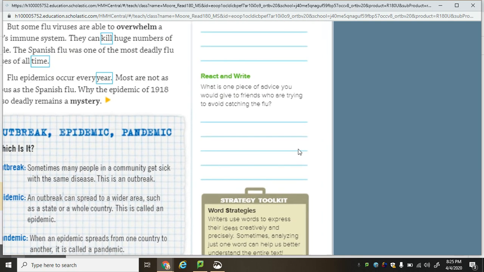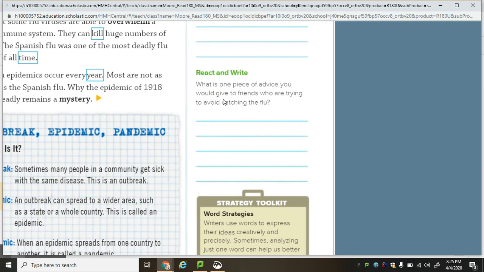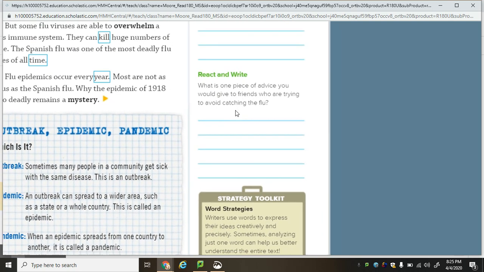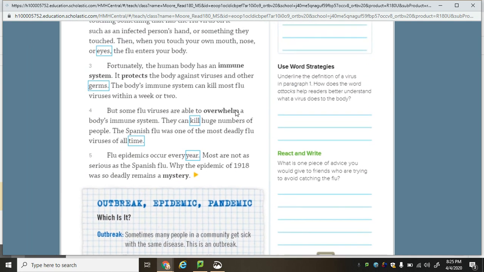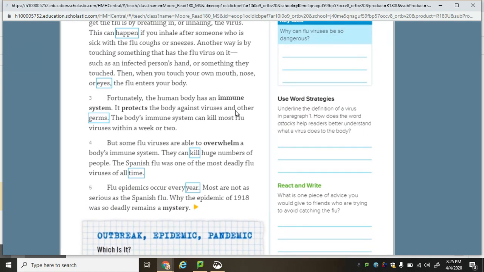Okay, last one. What is one piece of advice you would give to friends who are trying to avoid catching the flu? Well, I would give you the advice to stay inside.